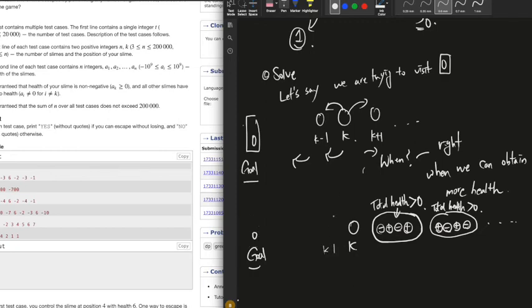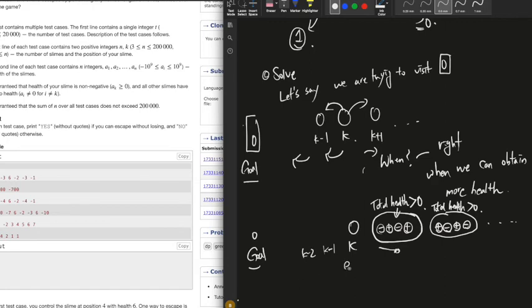So k minus 1, k minus 2. Every time we think about right groups first, because we can add more health, and that will make us go to the left side more easily, right?